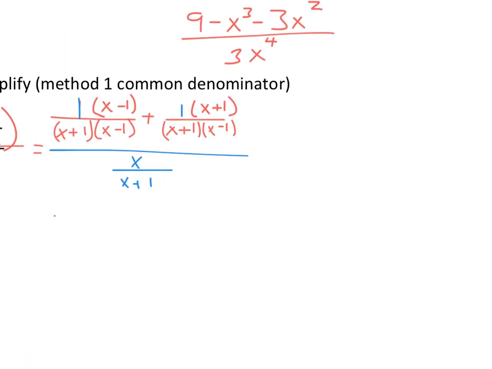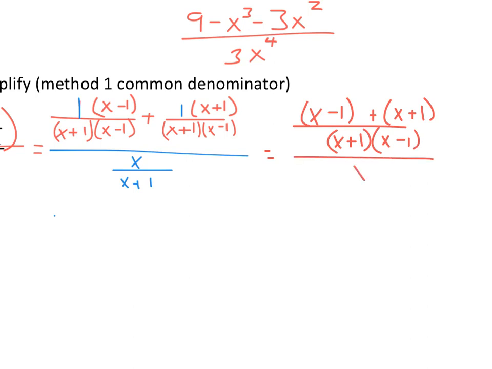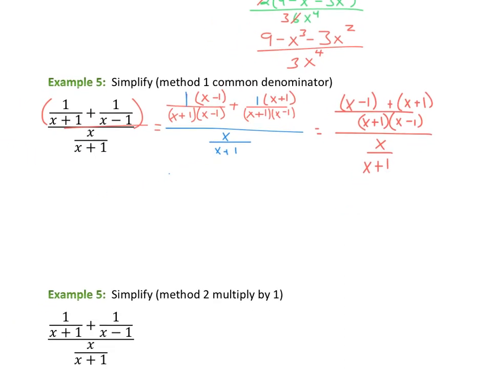Now that I have that, I'm going to write it as one fraction. So one fraction on top, I mean. So we have x minus 1 plus x plus 1 over x plus 1, x minus 1, and that's all over x over x plus 1. Now, I can't cancel out anything yet, but I am going to combine stuff on top.